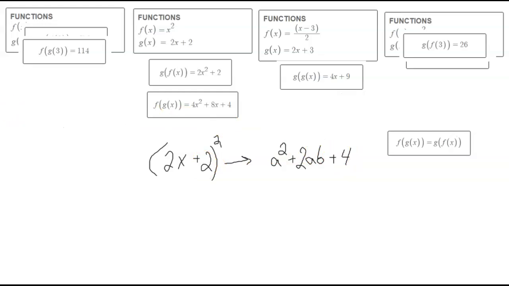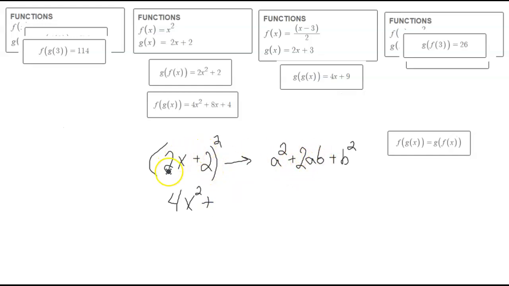Why did I put 4? That would be b squared. In this case, it would be 4, but I need b squared here. So anytime you're squaring a binomial, it looks like this. So I'm going to do a squared, which is 4x squared, plus, it says 2 times a times b.